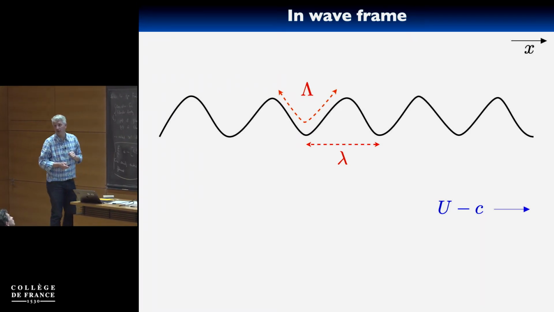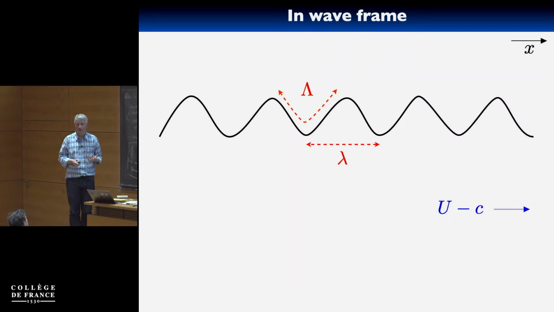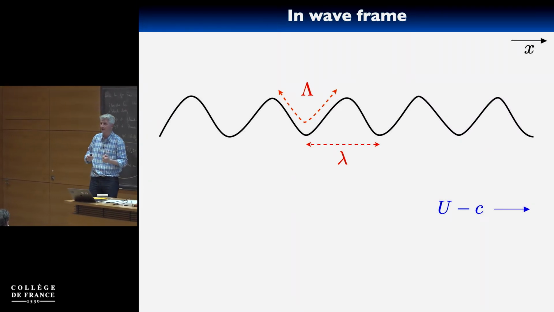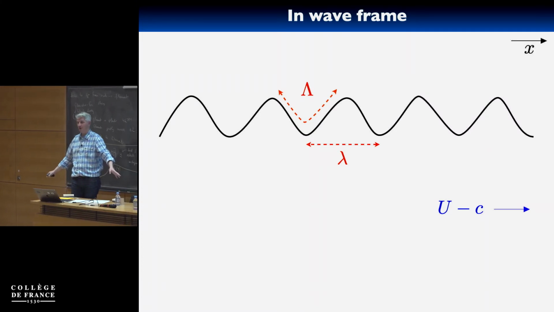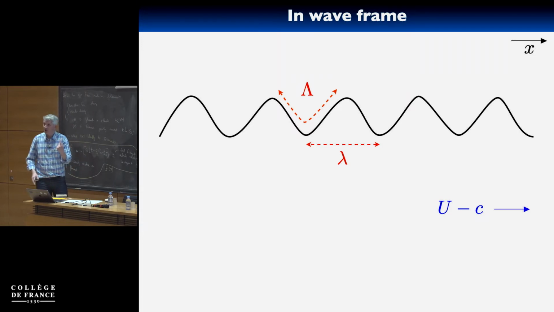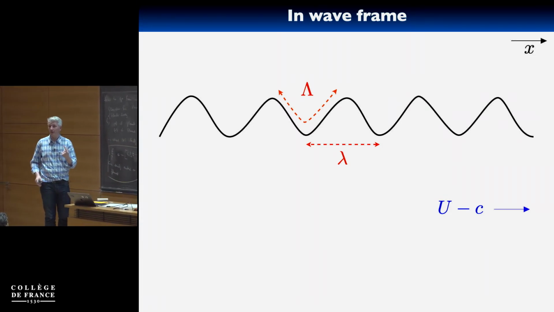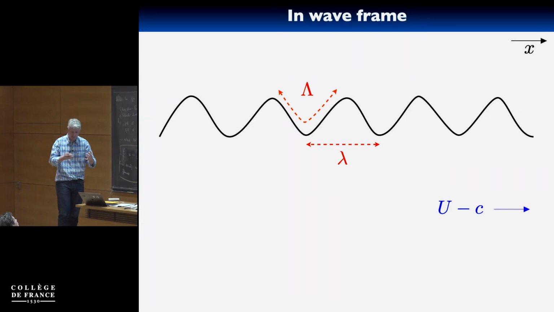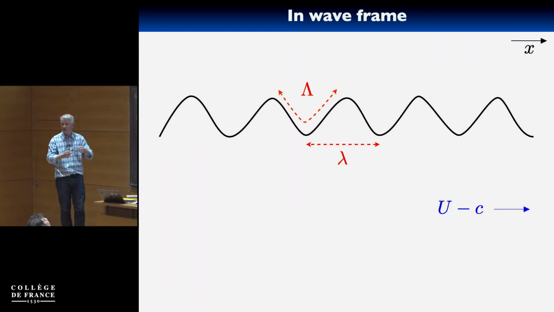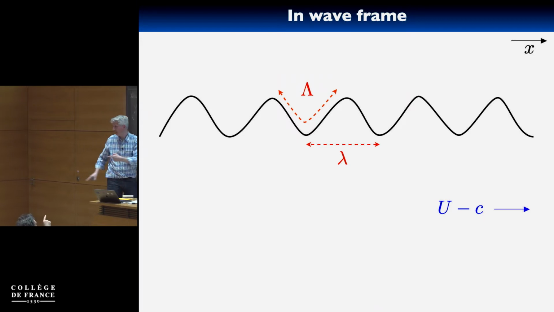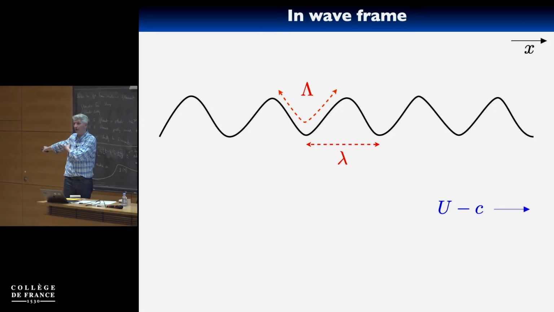But the beauty about going into the wave frame is that if I look around me, nothing is moving, because I'm sitting with the wave and just being displaced with it. Say I'm sitting at the top of a sine wave, then around me the shape is not changing anymore, but the material points are moving. Remember, in the swimming frame the material points only go up and down. So if I move to the right with the wave, the material points have to find a way to go to the left.